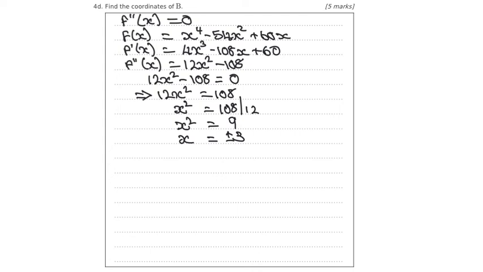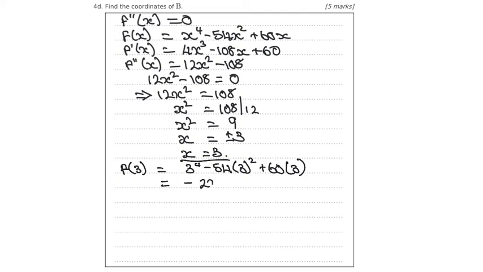So the point of inflection occurs when x equals 3. To find the y coordinate, we need to find f of 3, which is equal to 3 to the power of 4 minus 54 times 3 squared, plus 60 times 3, which is equal to minus 225. So the coordinates of B are (3, minus 225).